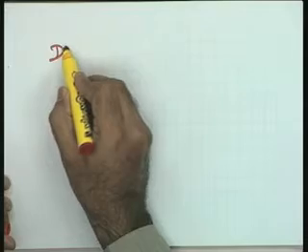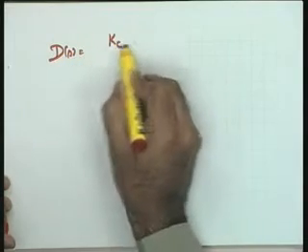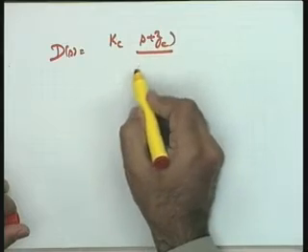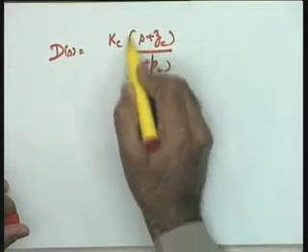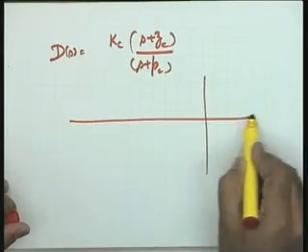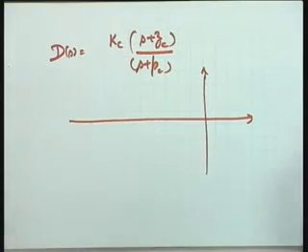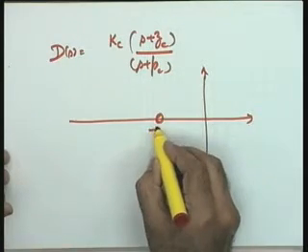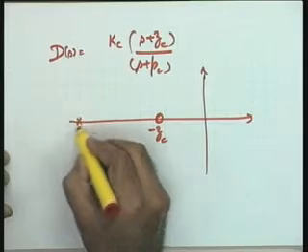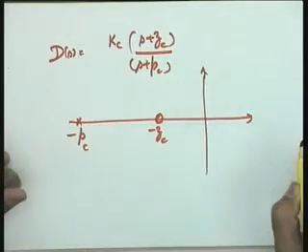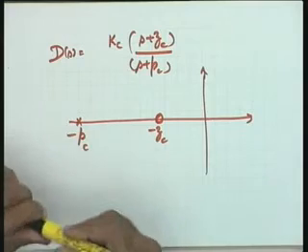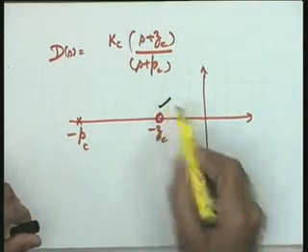So the phase lead compensator is given by Kc (s plus zc) over (s plus pc). The pole zero structure of the phase lead compensator is of the following type. There is a zero here at minus zc, and there is a pole far away at minus pc. The compensation, I hope you remember, is given by this derivative action.